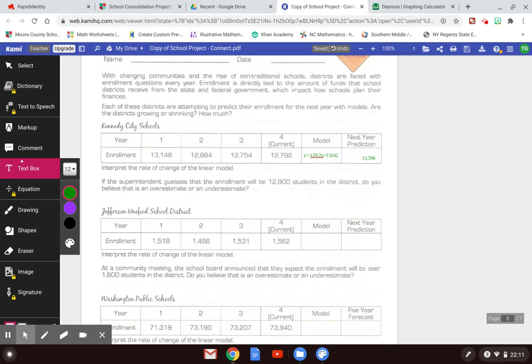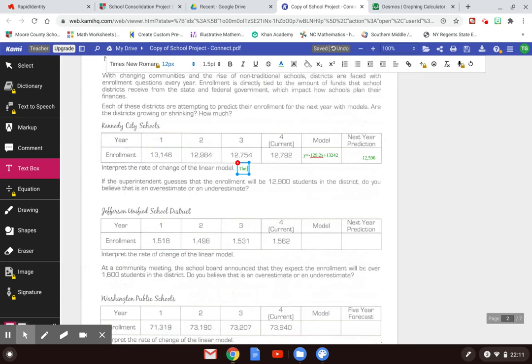Now, it says over here, interpret the rate of change for the linear model. So what I would do here for my interpretation is I would type the number of students is decreasing by 129 per year.